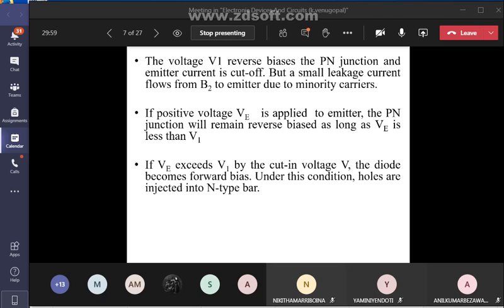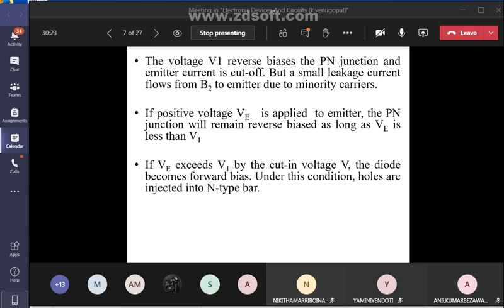See here, the voltage V1 reverse biases the PN junction and emitter current is cut off, but a small leakage current flows from base 2 to emitter due to minority carriers. If positive voltage VE is applied to emitter, the PN junction will remain reverse biased as long as VE is less than V1.